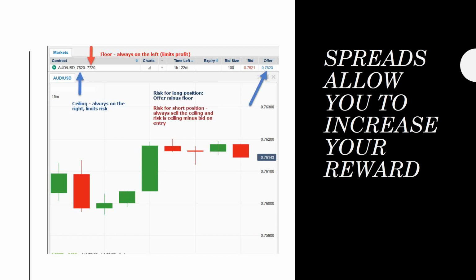Okay, what about spreads? How many of you in the room actively trade spreads? Anybody in the room trade spreads?